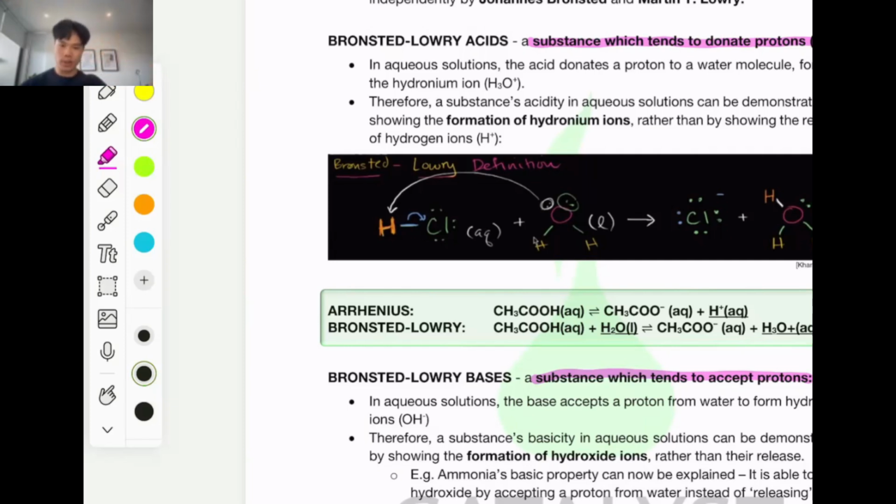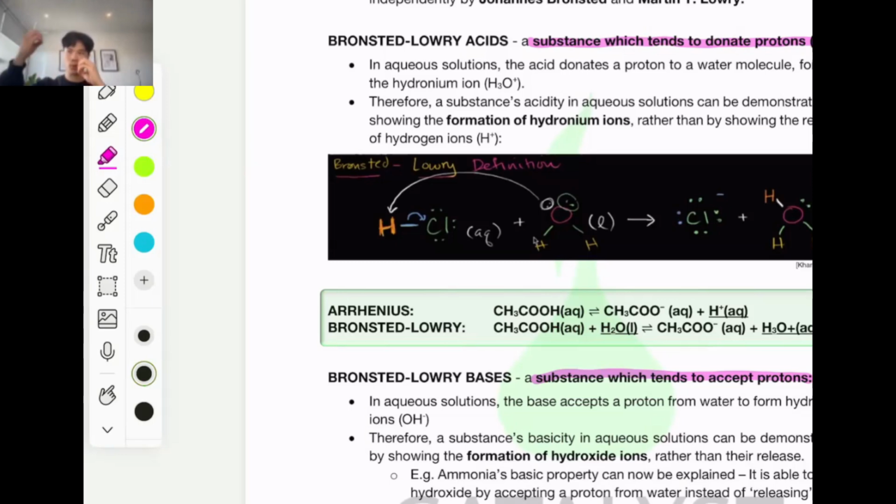Right, that enabled that. And it basically just means that if you acknowledge the role of the solvent, it means that the solvent itself, such as water, is actually involved in the reaction that creates an acidic ion, hydronium, or is involved in the creation of a basic ion, hydroxide. So no longer is it this H+ just coming from an acid molecule all the time.